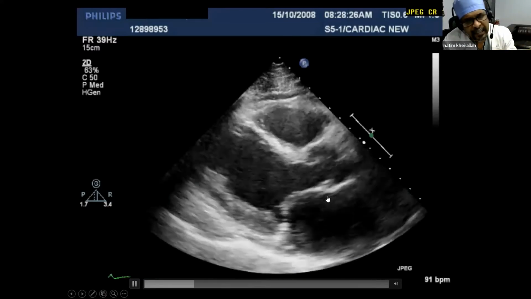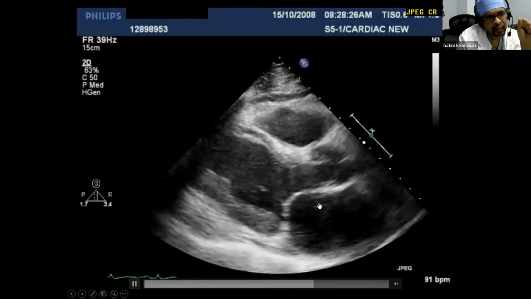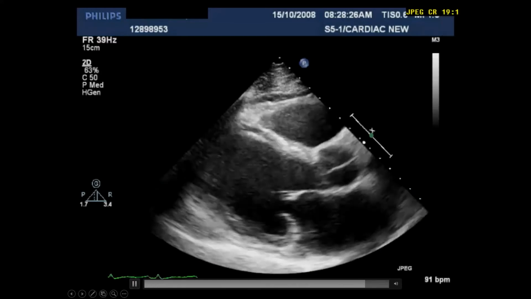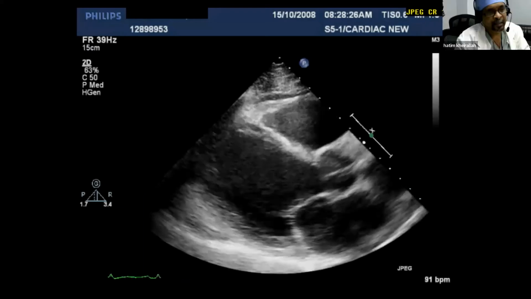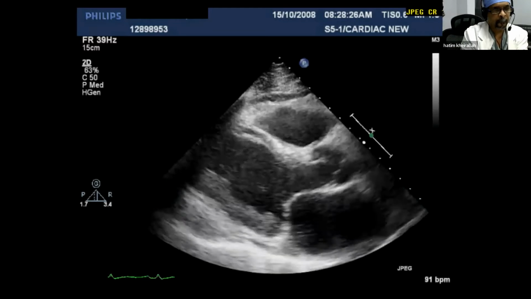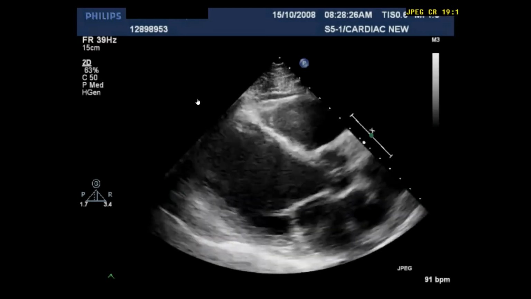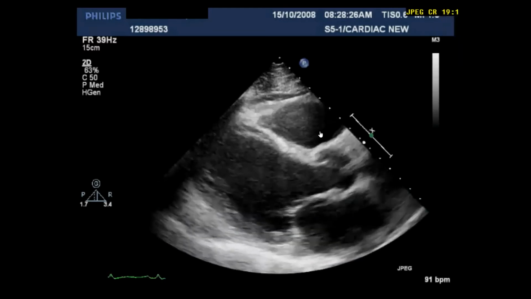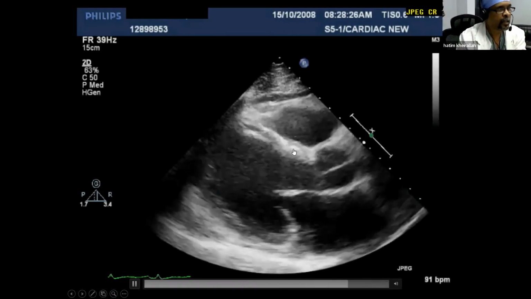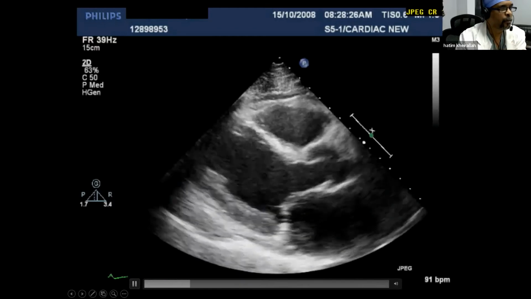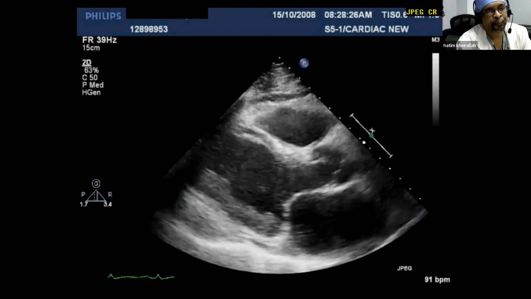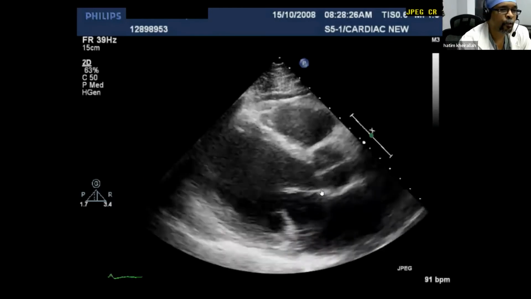These subtle findings are good for the echocardiologist to pick up. But as far as the exam is concerned, try to focus on the major findings. The major finding here is the clear akinetic anterior septum. The aortic valve itself probably needs a short axis to delineate the anatomy better and see whether it's thickened and degenerative. But it's good to observe.